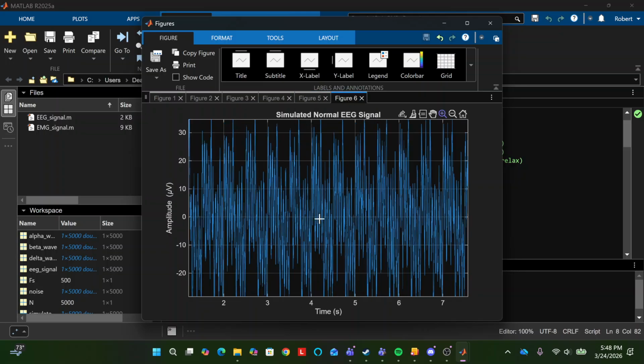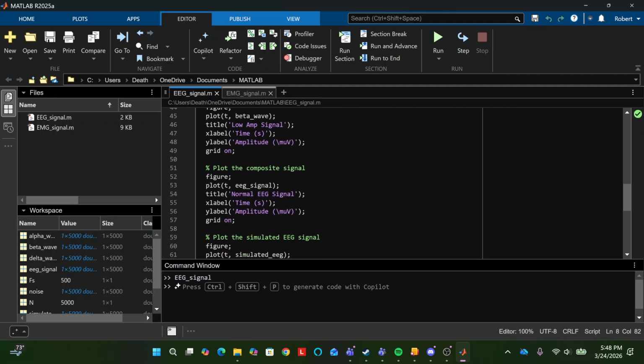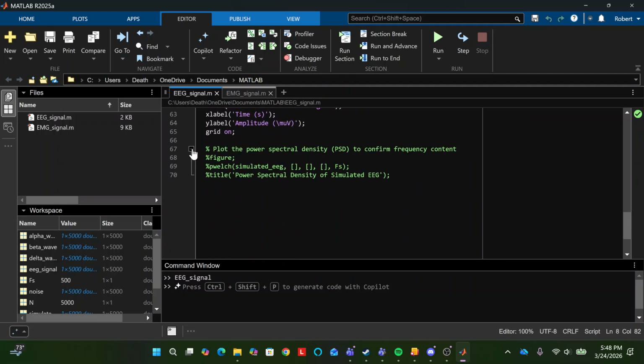So that is essentially what I did in creating this and how I went about looking and simulating an EEG signal. And there were other things that we could do. I actually have down here where I was like, okay, let's go ahead and do a spectral density of the simulated EEG.